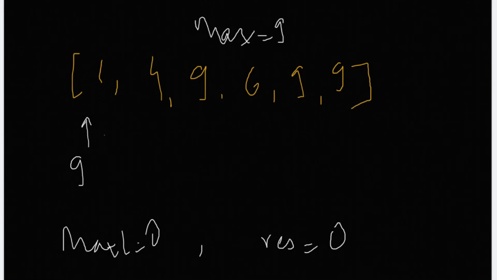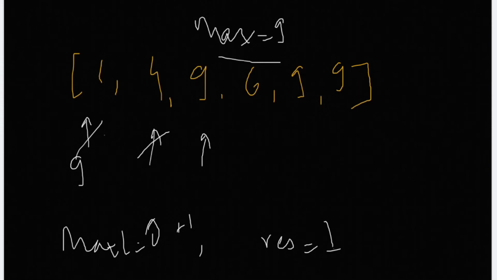I'll see this is not equal to 9, so I'll move forward. I'll see this is pointing to 4, this is also not 9. Now I'll come towards a position which has the value 9. So now I'll see that this is equal to my maximum value 9. So I'll increment my length to 1, and I'll also update my resultant.